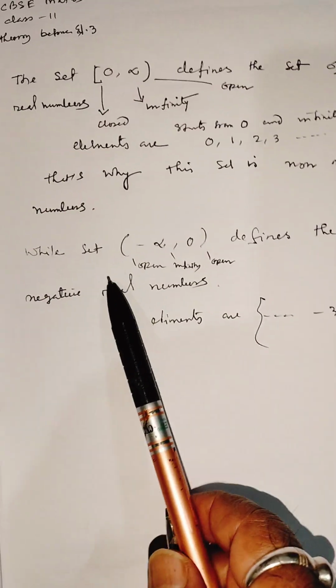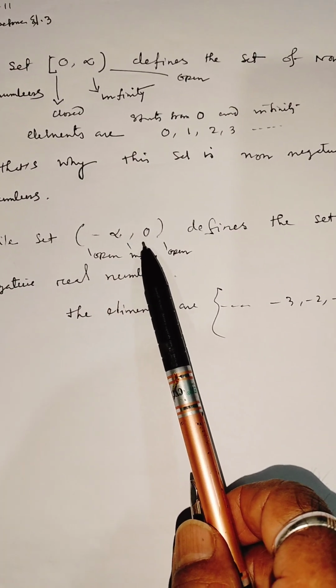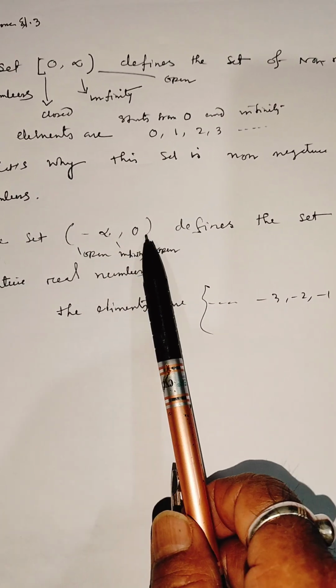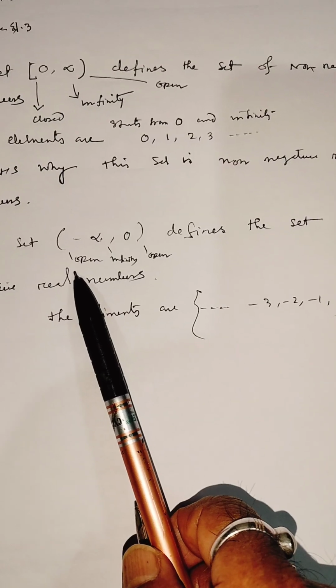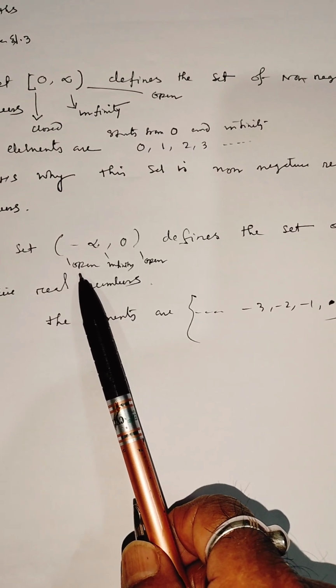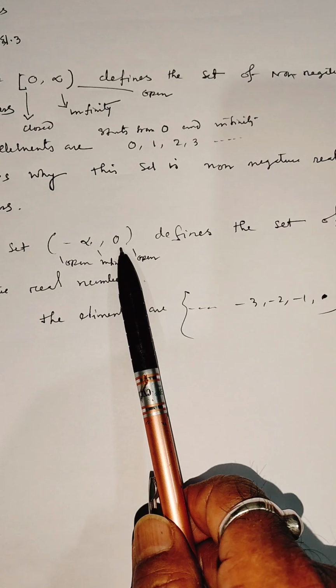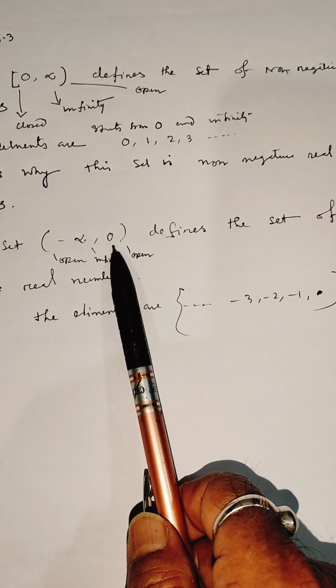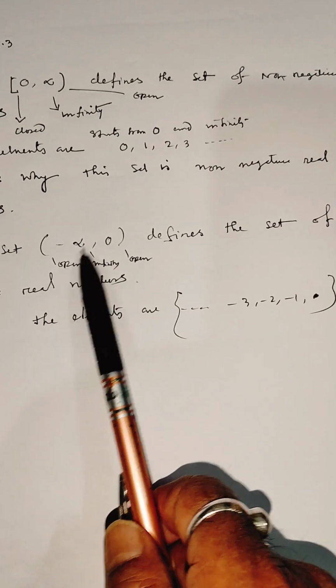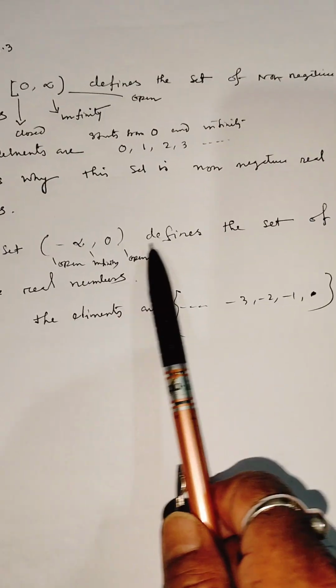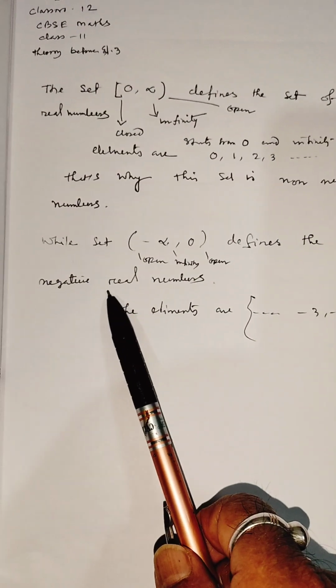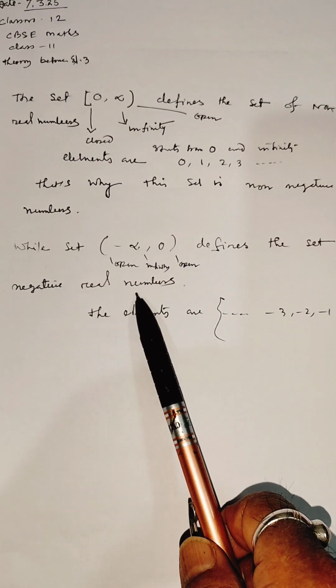Let's clarify. The set minus infinity to 0, both are open. Open means it does not start from that and does not end at this 0. So in between minus infinity and 0, it defines the set of negative real numbers.